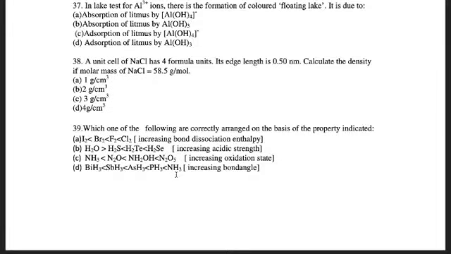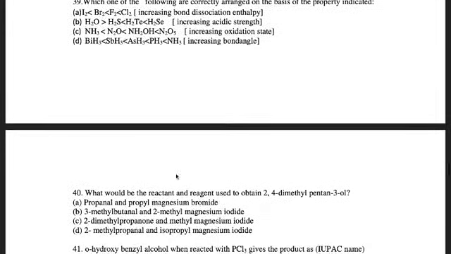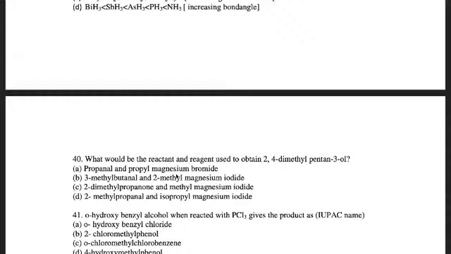Question number 40. What would be the reactant and reagent used to obtain 2,4-dimethylpentan-3-ol? A. Propanol and propyl magnesium bromide.